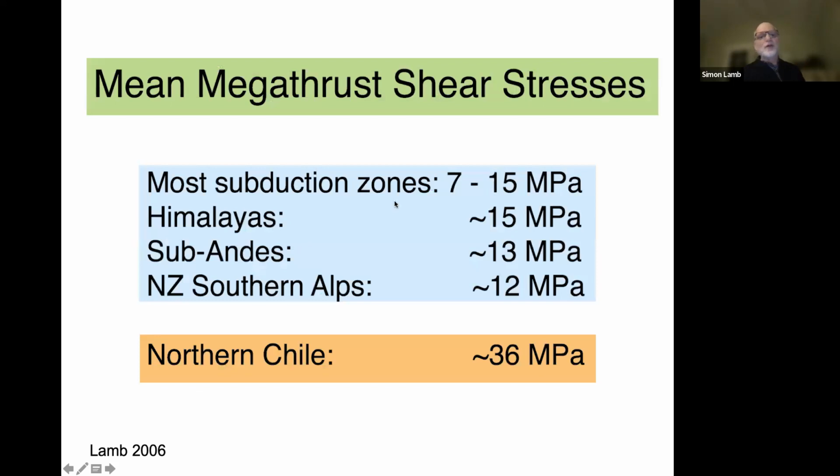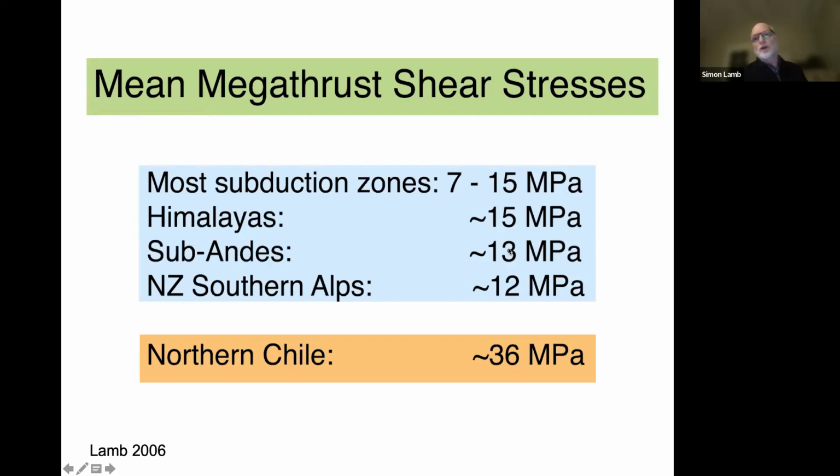So just to summarize, if you're looking at subduction zones around the planet, in most subduction zones the megathrust has a strength somewhere between 7 and 15 megapascals, so typically about 10 megapascals. If you look at big thrusts on the edges of mountain belts, these aren't subduction megathrusts, but big fold and thrust systems, then you can do the same game, and you find the strength is again very weak, about 15 megapascals in the Andes.